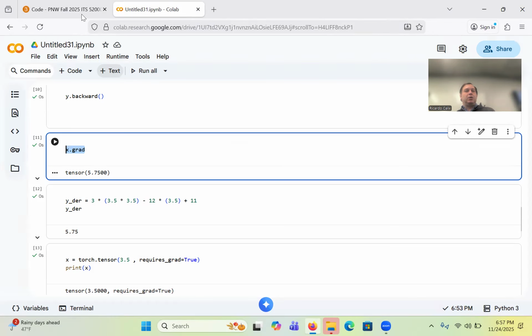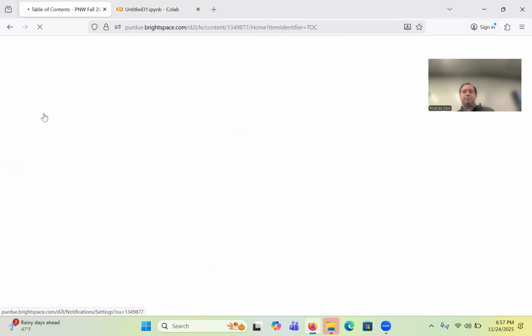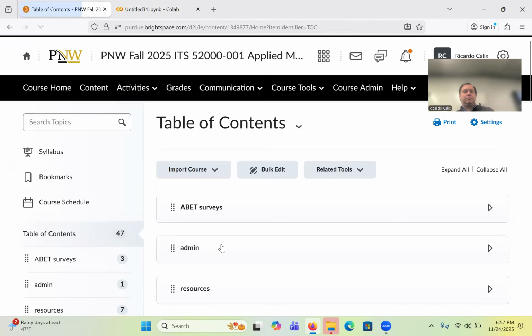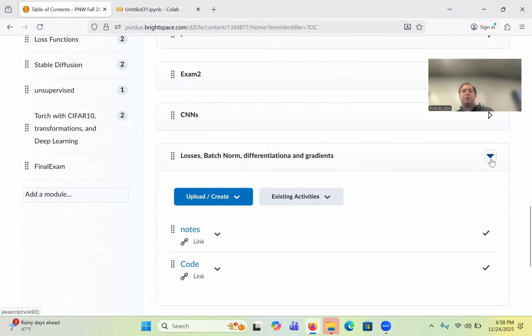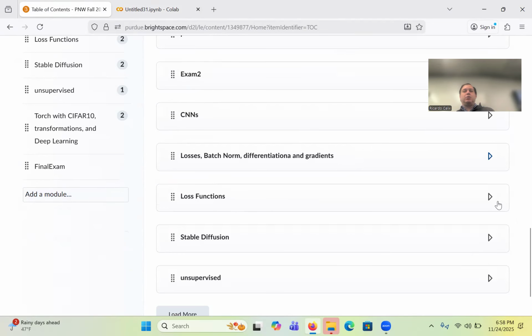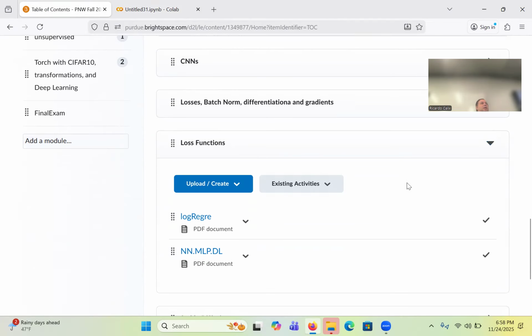And now let's go to okay, so this module is done. And now let's go to loss functions, this module over here, which is just a set of slides that I have that we can use to wrap up.